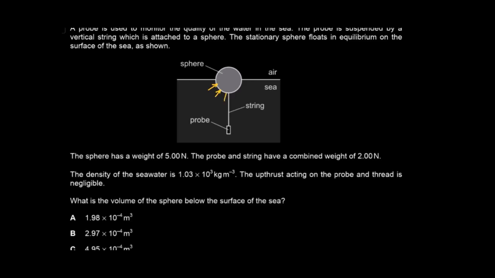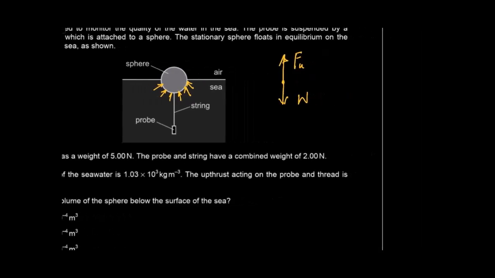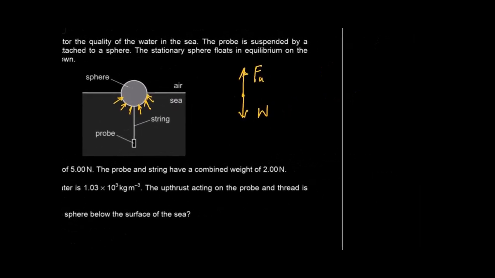So we have to consider the upthrust force acting on the sphere like that. So there is a net upthrust, the vector summation of all these forces. Let's say this is the total upthrust, Fu, and if I consider the sphere as a point, there is a downward force acting on the sphere, let's say W. So this W is the summation of the weight of the sphere as well as the weight of the probe and string.